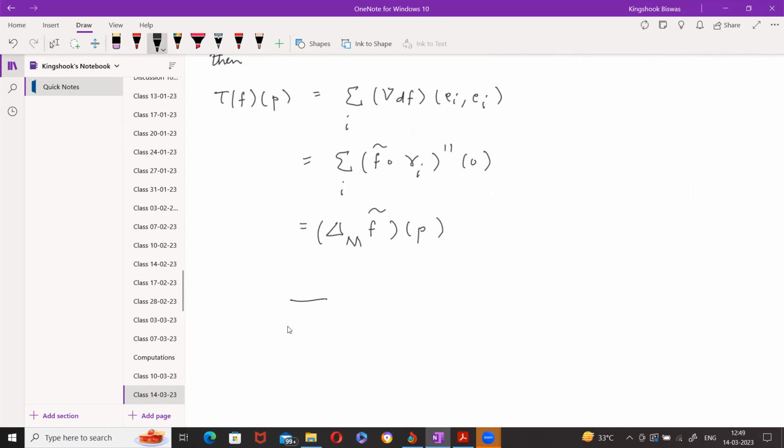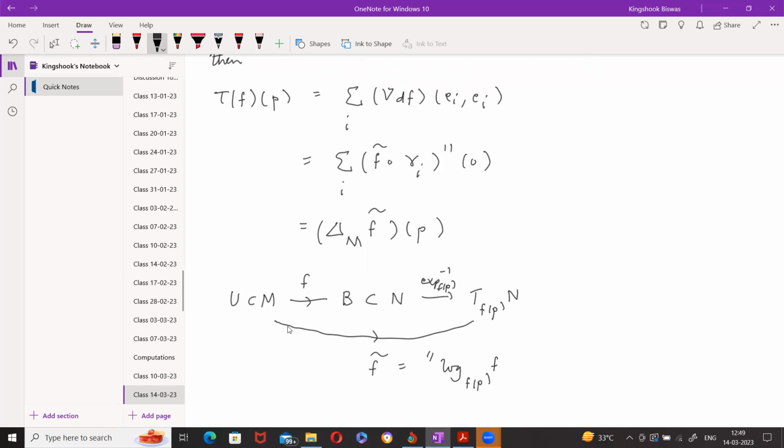So you have F, and this is your map F tilde, which you can think of as log sub F(P) of F. So what you get is that this is the Laplacian of log F at the point P. This is the usual Laplacian of a vector valued function.